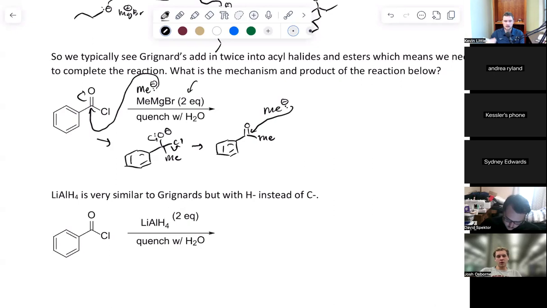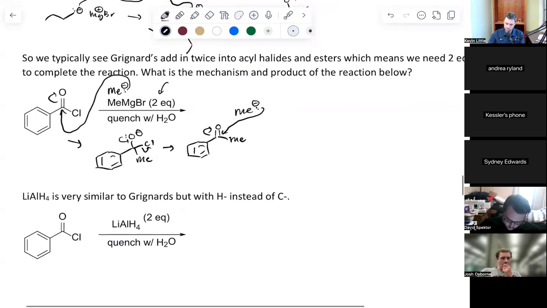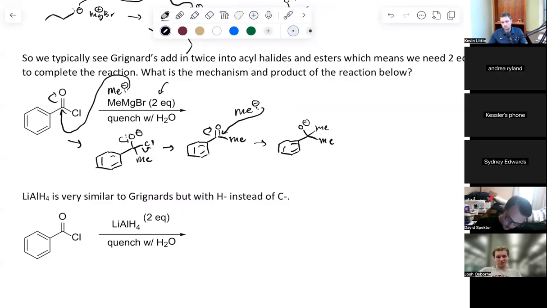I've regenerated another electrophile. Adds, goes up. I broke a carbonyl. It wants to reform. Can it?